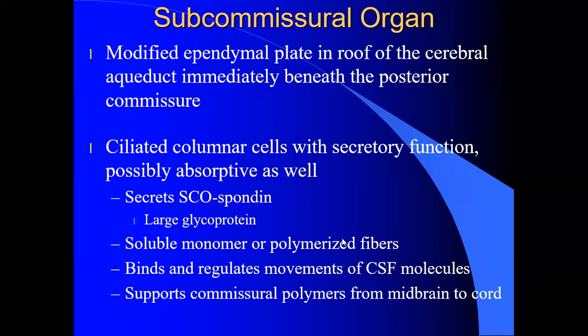Now, as an aside here, given where we are localization-wise, I want to talk about the subcommissural organ. This is interesting. So we're leaving eye movements for a moment. This subcommissural organ is a modified ependymal plate in the roof of the aqueduct. It is right beneath the posterior commissure.